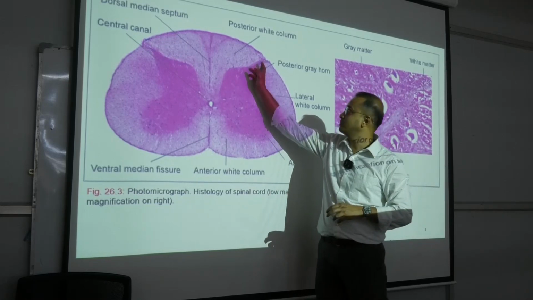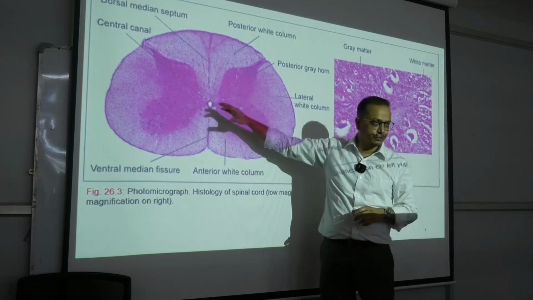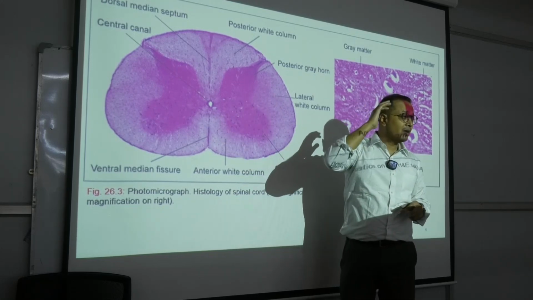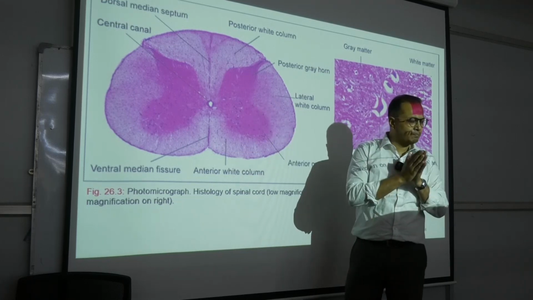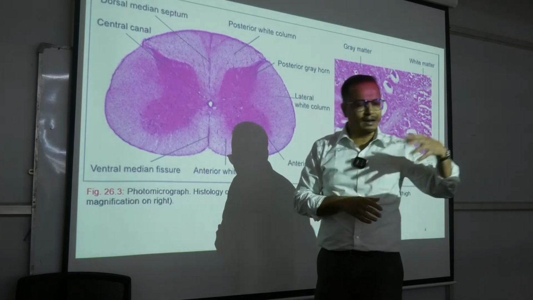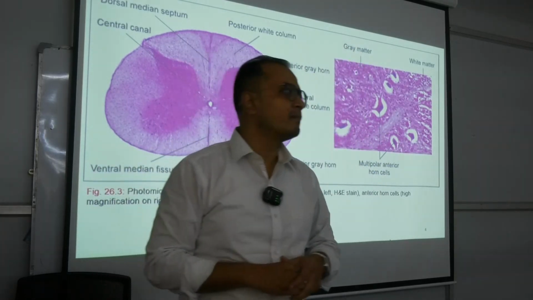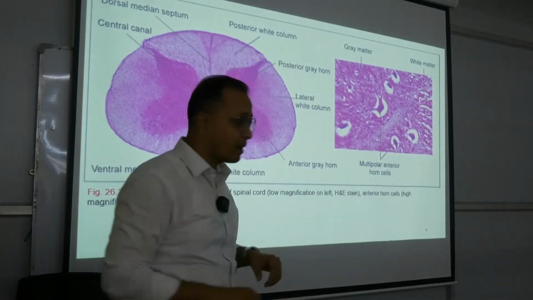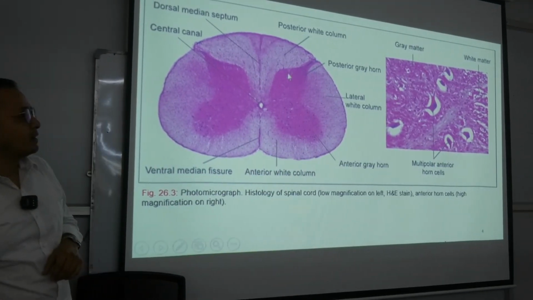Between the posterior horn and anterior horn, a bulged-up tissue is the lateral horn of the gray matter, present in particular segments of the spinal cord. But I am not complicating all the neural tissue content right now, only focusing on the prime content for identifying the spinal cord.